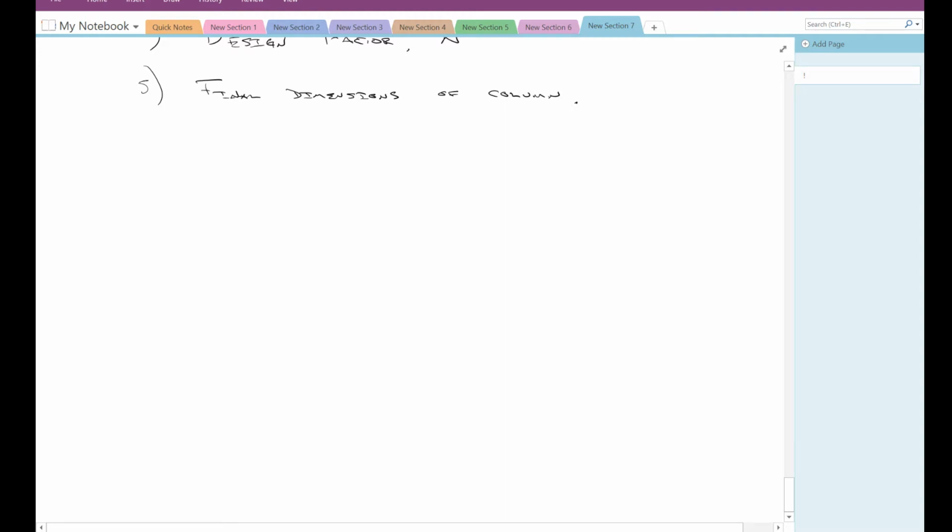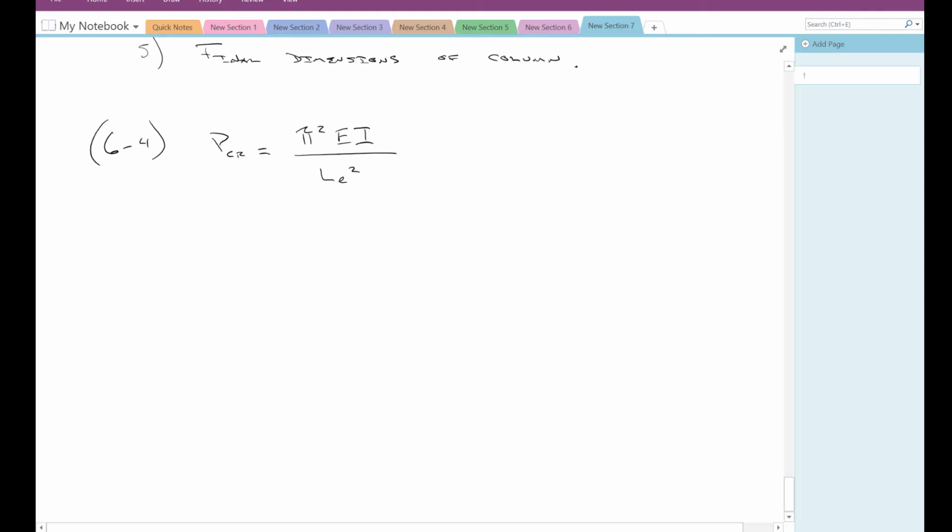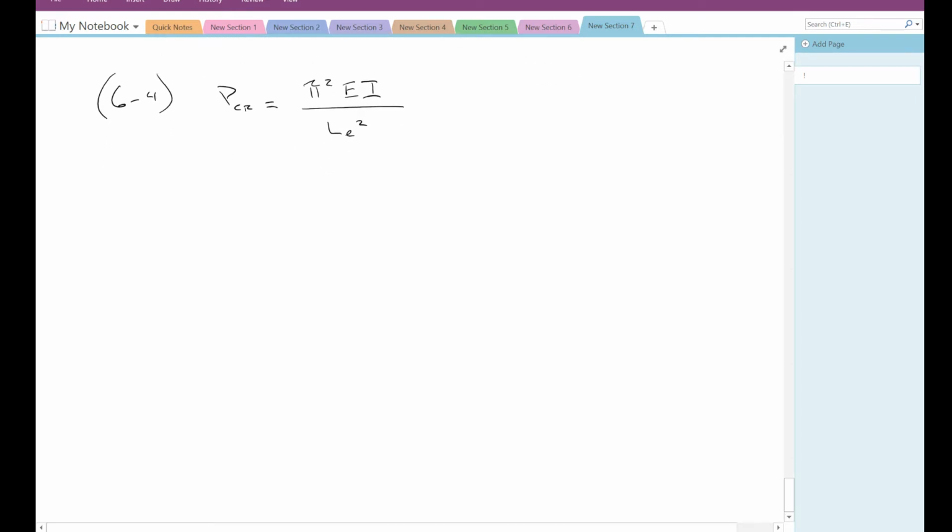We can say that our equation 6-4 is our critical buckling load is equal to pi squared times our modulus of elasticity, times our area moment of inertia I, over our equivalent length squared. Right? So what we can do is rewrite that if we're looking at a long column, again based on our slenderness ratio compared to our column constant.